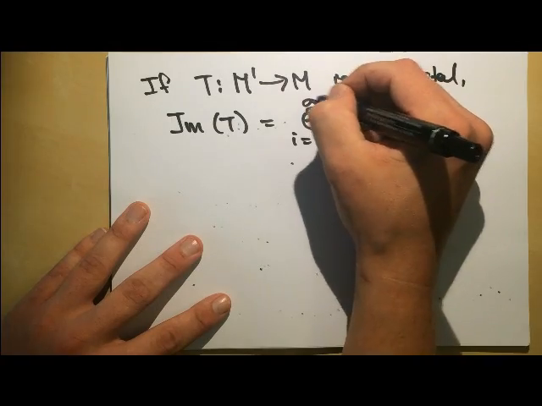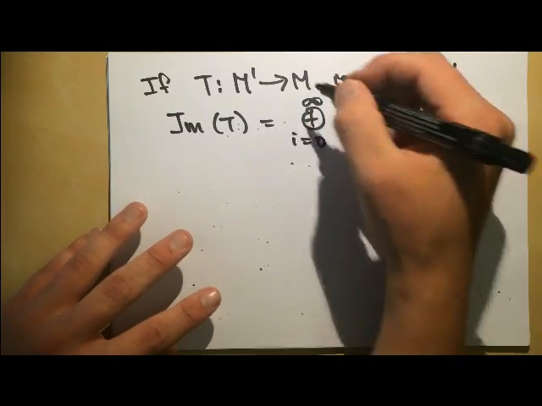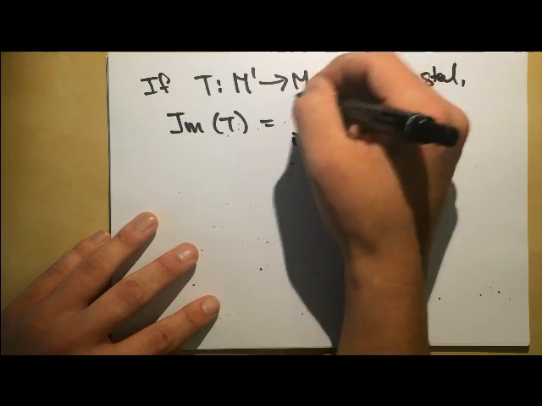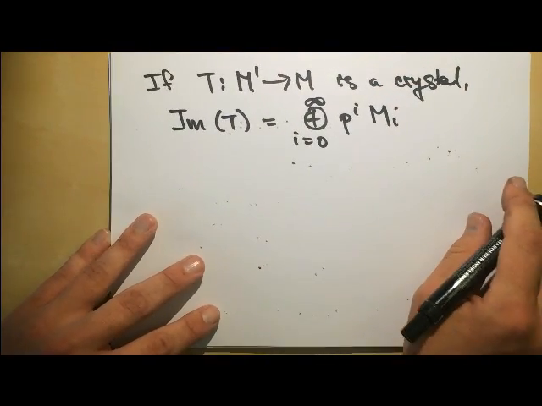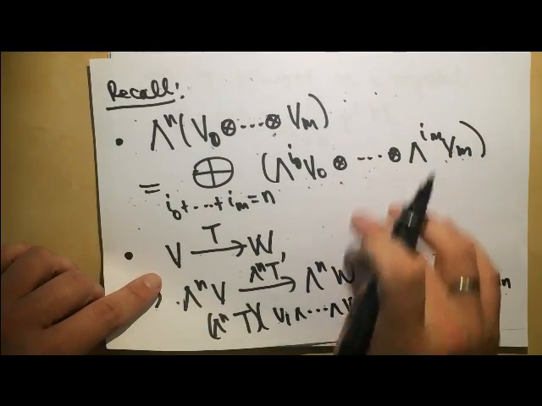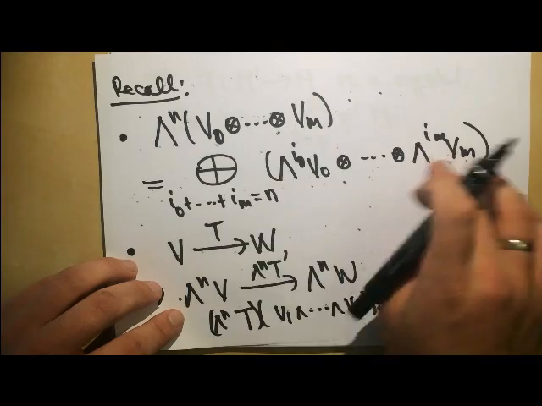We don't really need infinity because this is finite rank, and we can fix it to some small number, but I'll leave the infinity for now. And I want to look at this formula in this context.